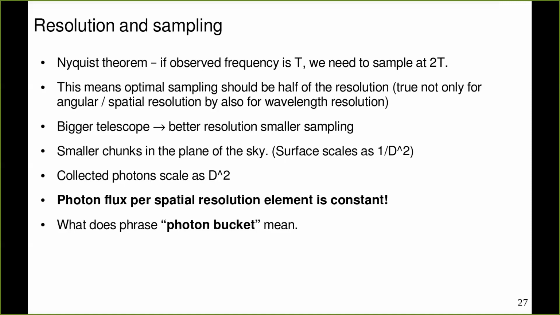So yeah, once again, a bigger telescope means smaller angular resolution, means more dense sampling in a way, which means you look at smaller chunks of the surface. Smaller chunks mean fewer photons, and that is exactly offset by the size of your telescope.